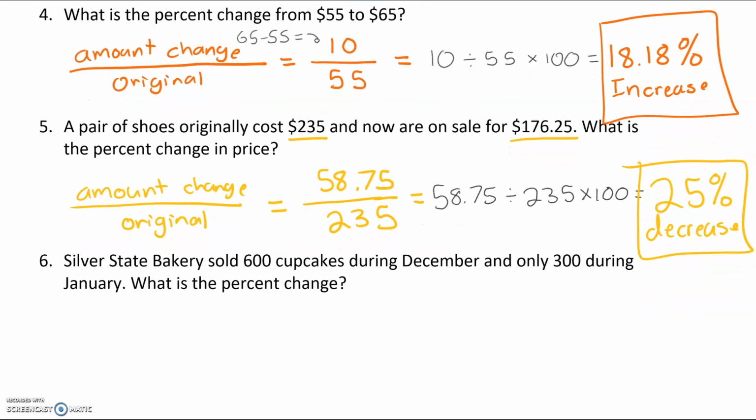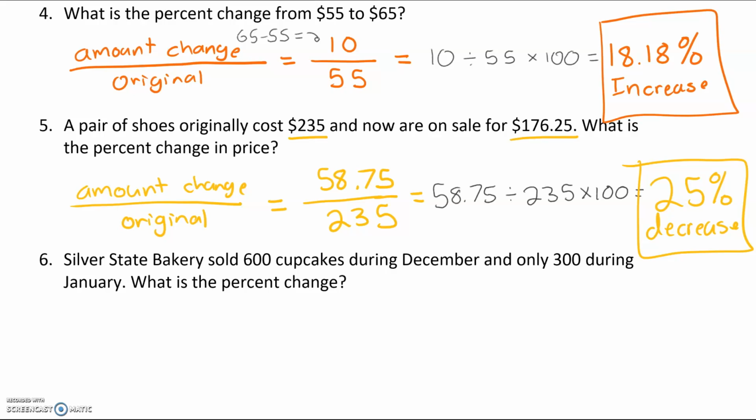And then number 6, Silver State Bakery sold 600 cupcakes during December and only 300 during January. What was the percent change? So again, we're going to do amount of change over original amount. So the amount of change we would calculate by doing 300 minus 600, which gives me negative 300. So I'm just going to say, okay, I know it's a decrease, and my amount of change was 300.